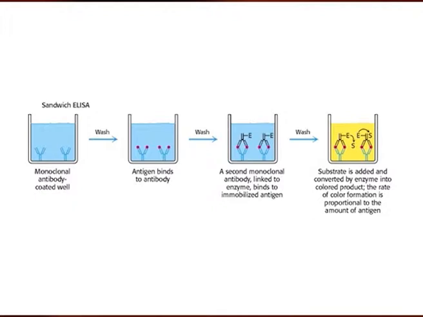After the well is washed, a second enzyme-linked antibody specific for a different epitope on the antigen is added and allowed to react with the bound antigen. Then after the unbound secondary antibody is removed by washing, finally the substrate is added to the plate which is hydrolyzed by the enzyme to form colored products.